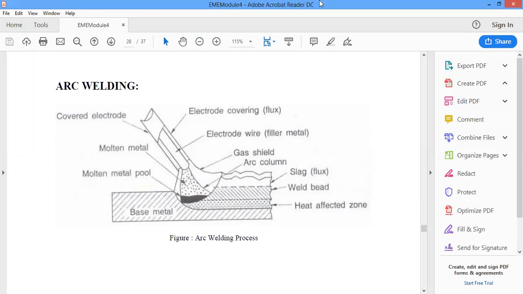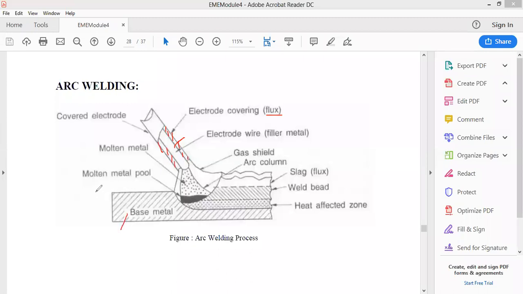So what happens in this arc welding is that this is an electrode inside which there is a metal rod. So this is the metal rod, made of generally iron, okay, and this coating that is present surrounding this is nothing but the flux, right, it is the flux. And we have the base metal, nothing but the metal that has to be joined.